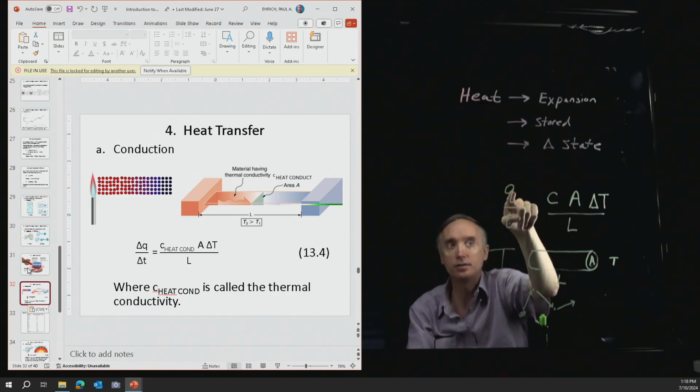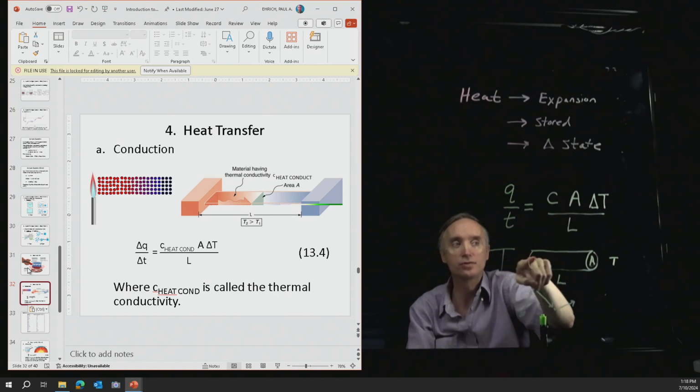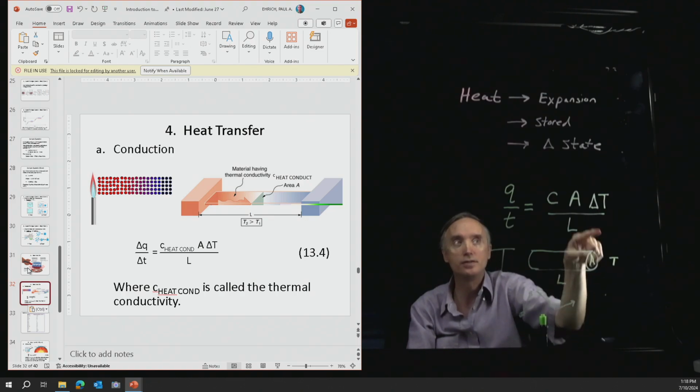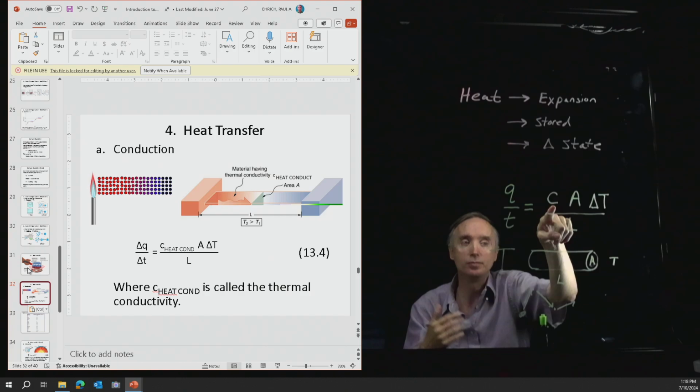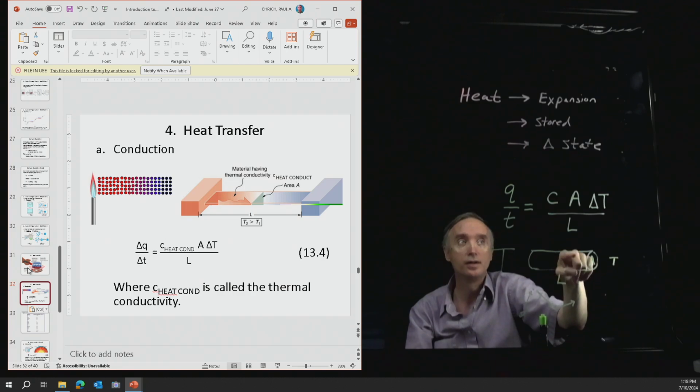So the amount of heat per second that goes through this rod depends on what the rod is made of. So some materials are better conductors than others. So that's what the C is. That's going to be the thermal conductivity of this material. Then it's also going to depend on the area that it's going through.